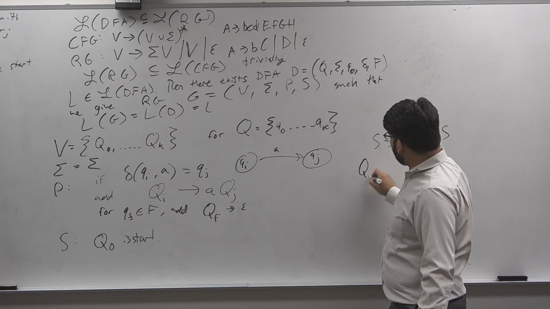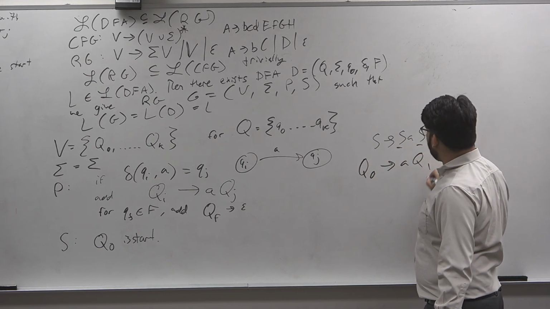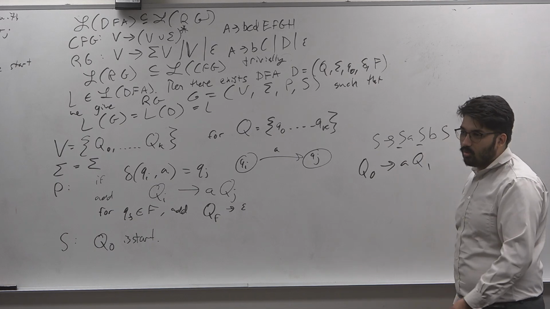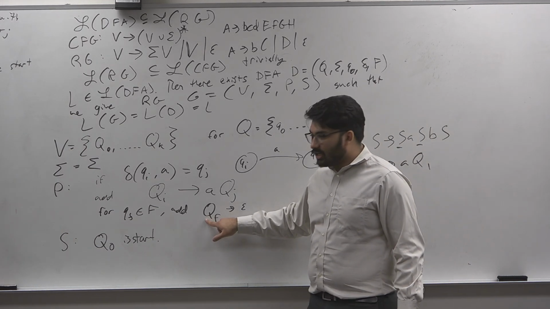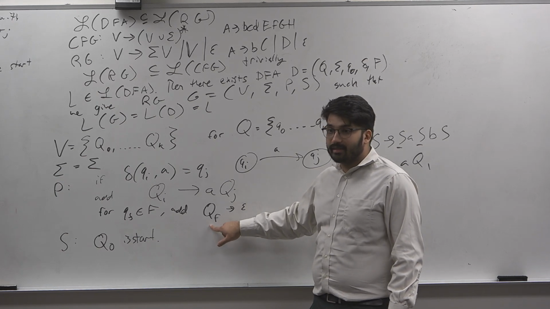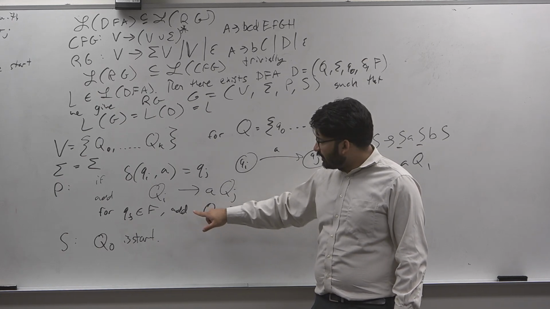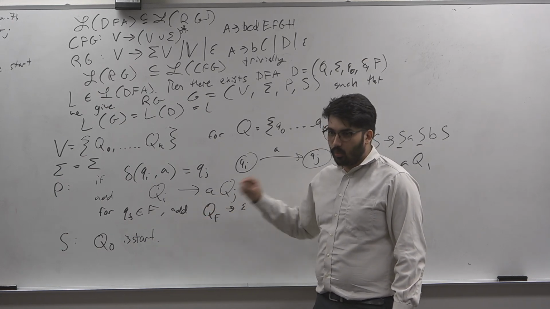Here, it's going to go Q0 to A Q1, and your working string is going to have exactly Q1 there. So you're only going to have 1 non-terminal. Next thing is, you can only have 0 non-terminals if you land in a final state. If the DFA lands in a final state, then you can get rid of the one non-terminal.